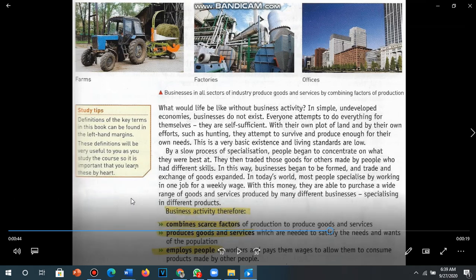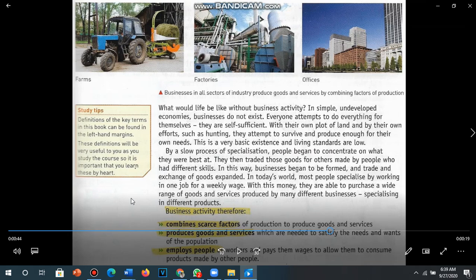In simple, undeveloped economies, businesses do not exist at all. Everyone attempts to do everything for themselves. They are self-sufficient with their own plot of land, and by their own efforts such as hunting, they attempt to survive and produce enough for their own needs. This is a very basic existence, and living standards are low.